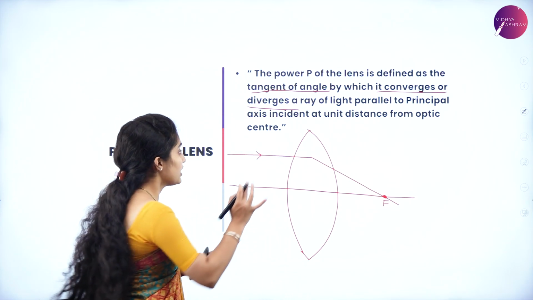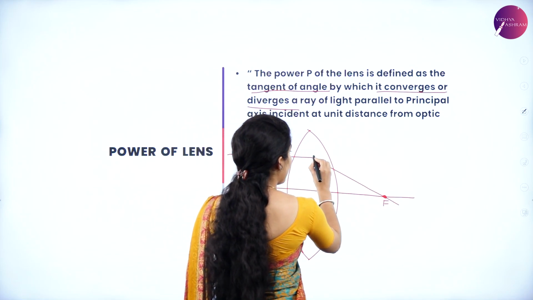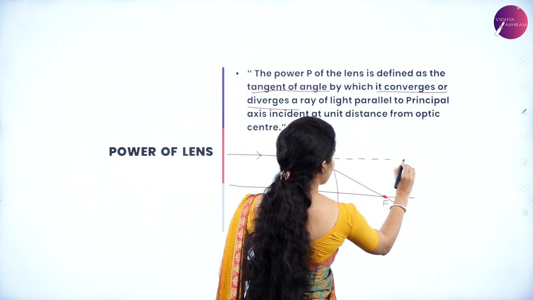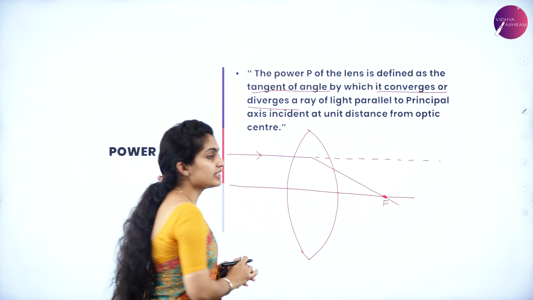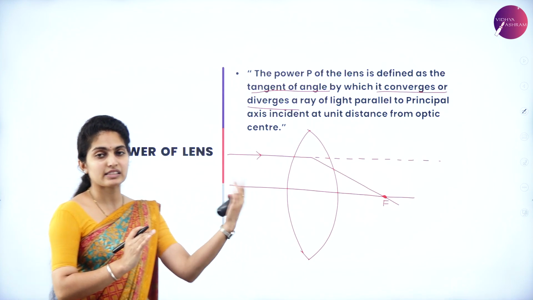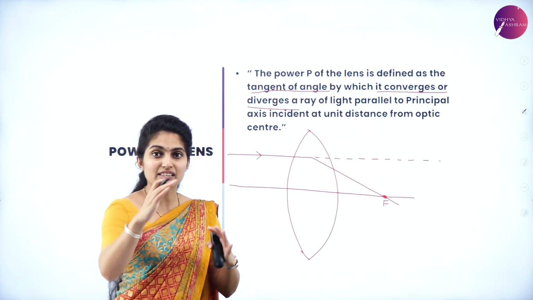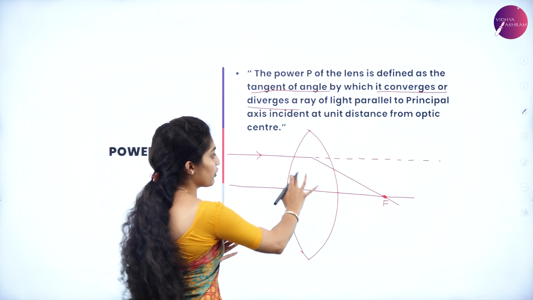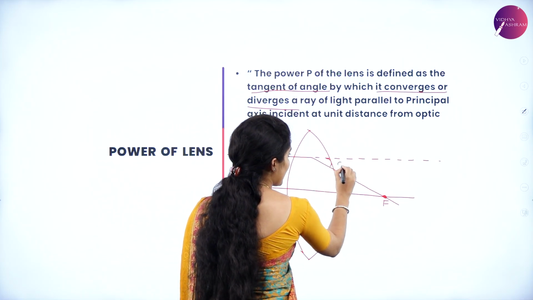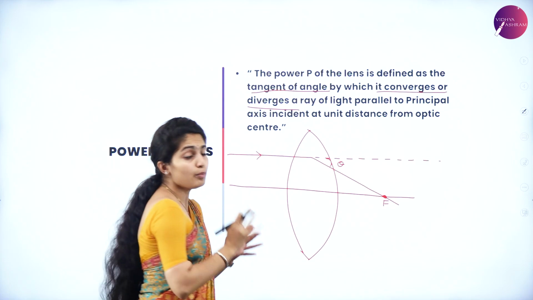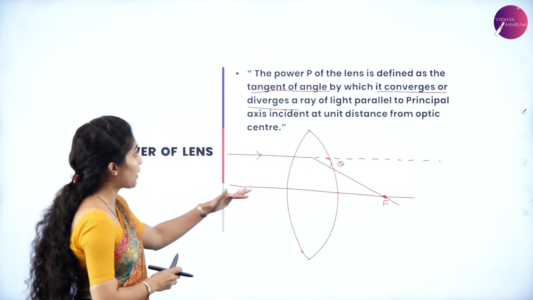When that is the case, the ray of light is drawn over here, that is the imaginary incident light after passing through the lens. That means there is a certain deviation for its convergence, and that is given as theta, which is related to the power of the lens. So what is the power of the lens?